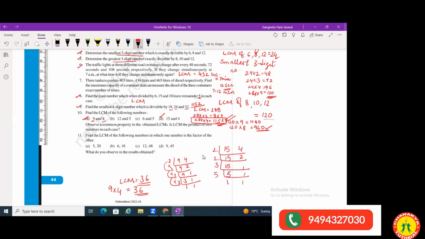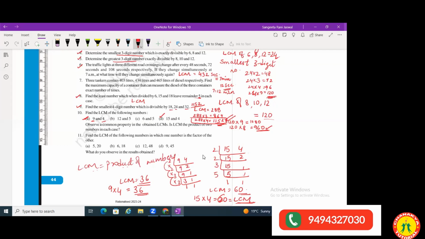So when I multiply this, what is the LCM? 12 5s, it's 60, right? So when I multiply 15 into 4, I get 60, which is the LCM also. So that means LCM is the product of the two numbers.